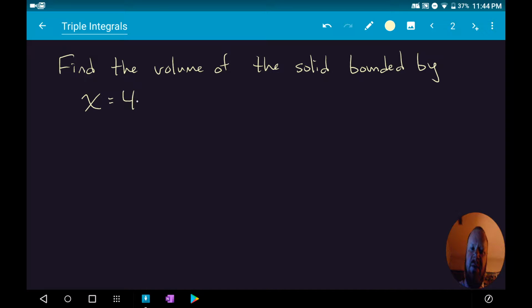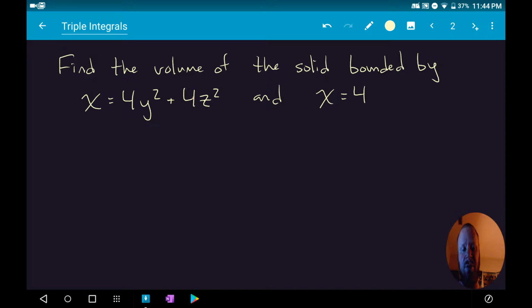One is x equals 4y squared plus 4z squared, and x equals 4. Already I can look at this problem before I even sketch it and say, hey, look, x is a function of y and z, and this is also a function of y and z, so maybe dx is going to go first. Maybe that's a good idea.